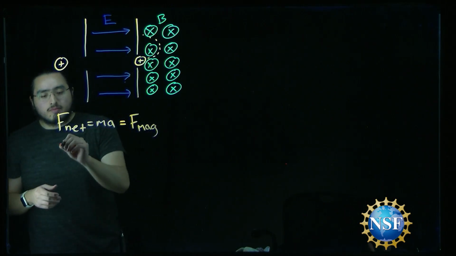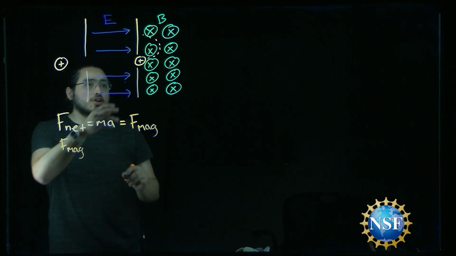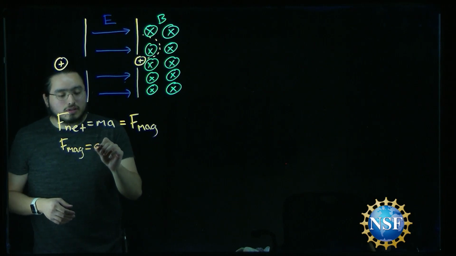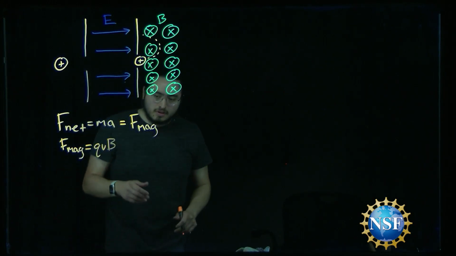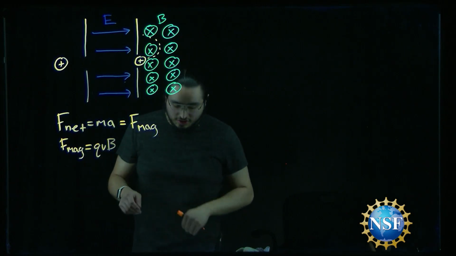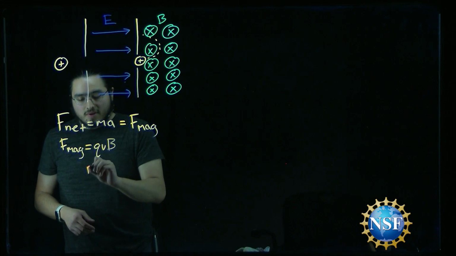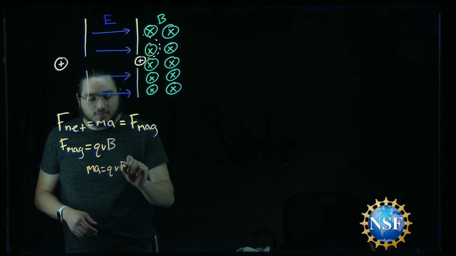We know that F mag, for a positively charged particle in the presence of a magnetic field, is equal to Q V B. Now we have a relationship. Let's write it out: mass times acceleration is equal to Q V B.